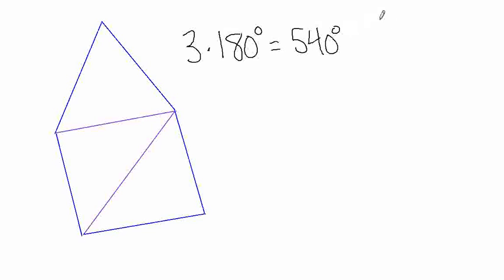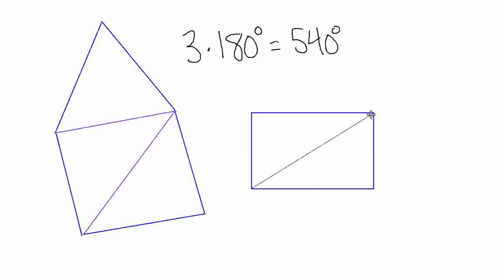Isn't that interesting? Now, if you didn't know what I previously said, which was that the measures of the interior angles of a quadrilateral always add up to 360, you can quickly work it out. Let's draw any quadrilateral and split it into 2 triangles.